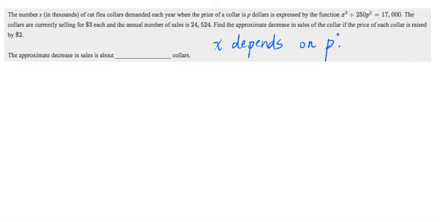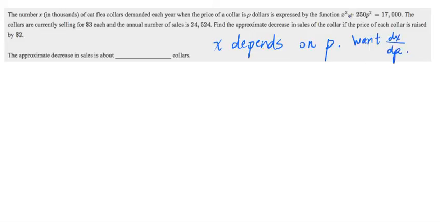So X is a function of P, so what we want to find is the rate of change of X with respect to P in order to find the approximate decrease in sales depending on a certain change in price. So we want to find dx dp.